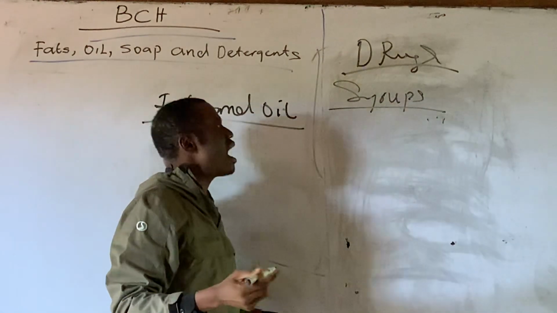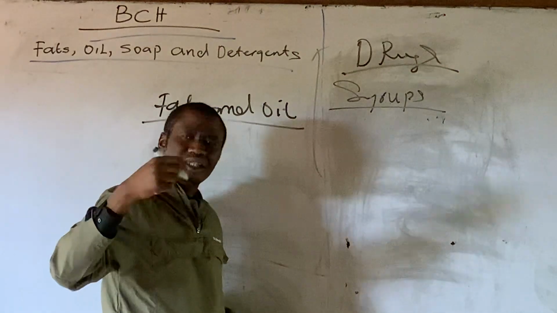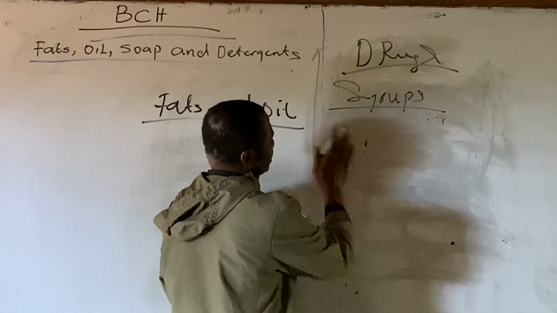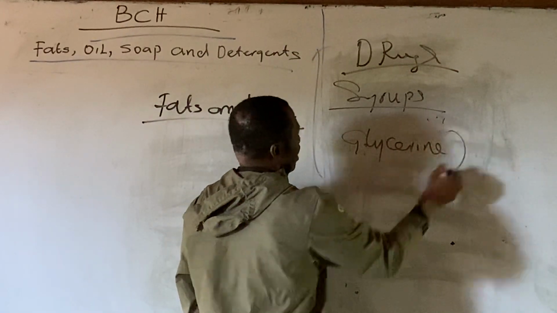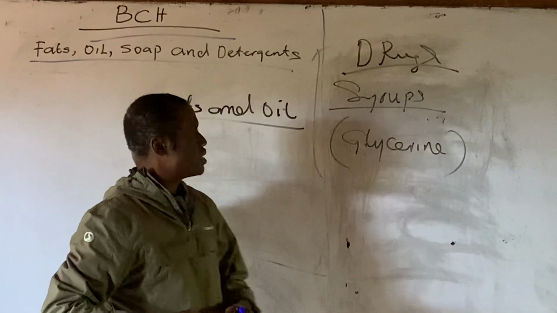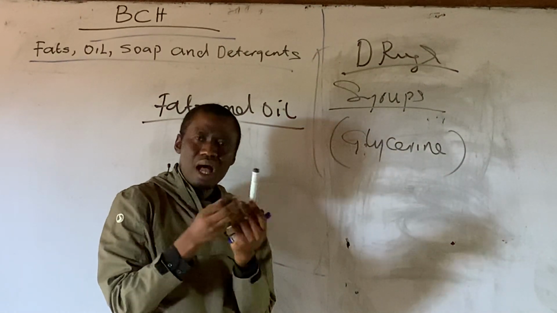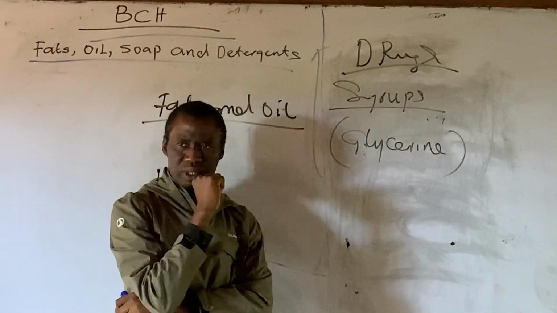Now, the particular fat substance that is used for it is called glycerin. Alright? Glycerin is used to thicken those liquids so they will not be too fluid, and to add sweetness to them.